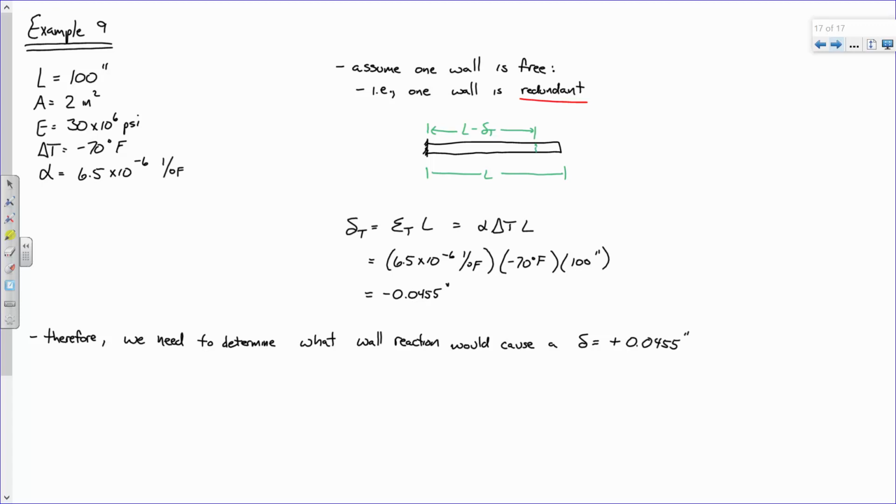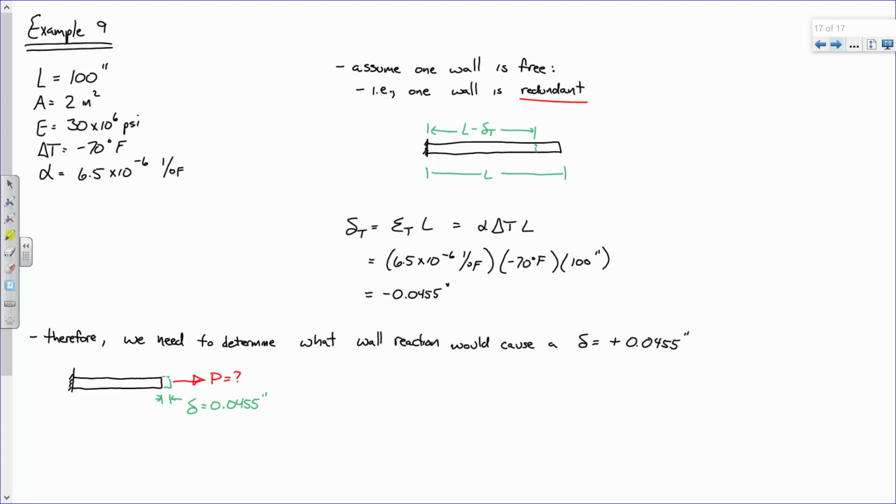So in other words, here's the bar. It's going to get a little longer, and it's going to get longer because the wall is having to yank it back. So what is that force required to generate a delta of 0.0455 inches?